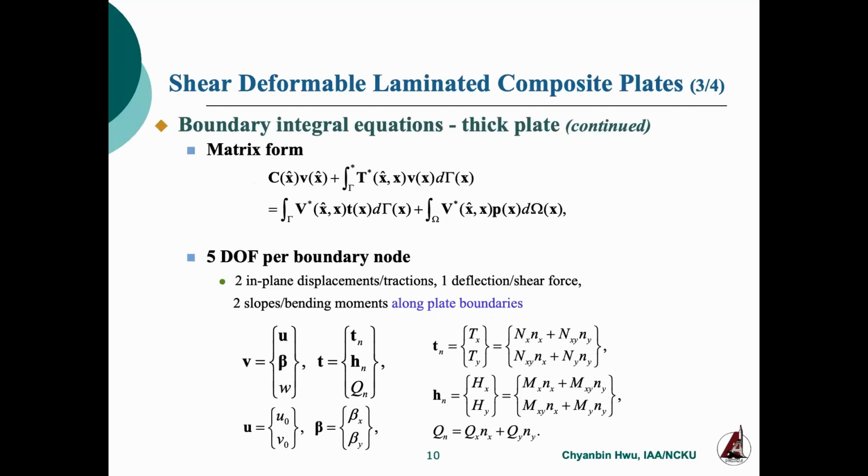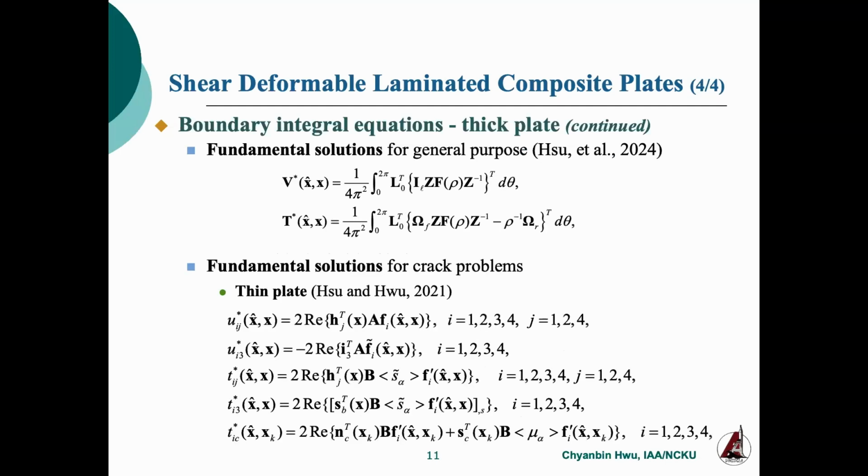So this is a matrix form for the boundary integral of the thick plate, and this is the degrees of freedom for each node we show here. And this is a fundamental solution. We say that for the thick plate, we have the fundamental solution for the general purpose, but we still do not have the solution for the crack problem.